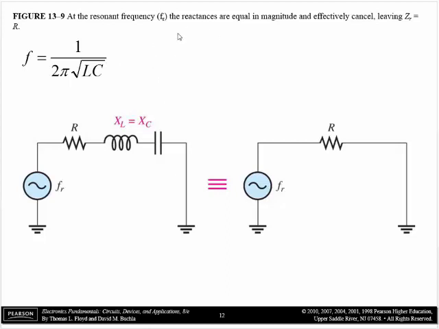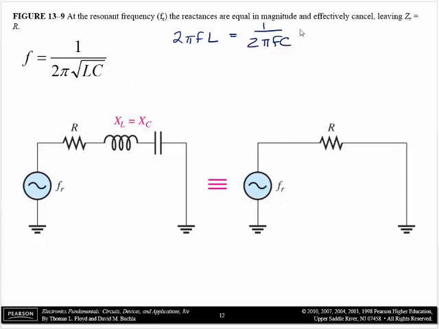So it's the frequency where 2 pi FL equals 1 over 2 pi FC. We have to find, okay, what F does that occur at? What frequency do the capacitive reactance and the inductive reactance cancel each other out? So it's kind of an ugly algebra problem.